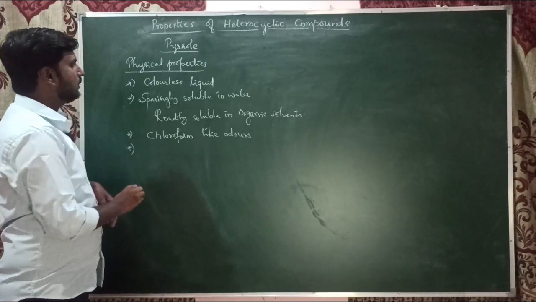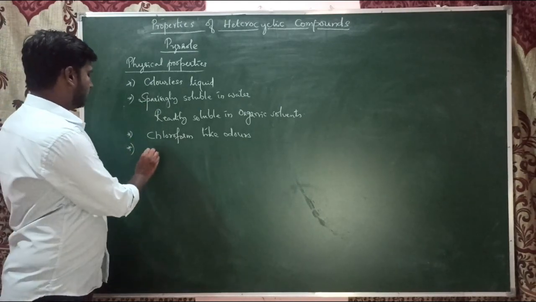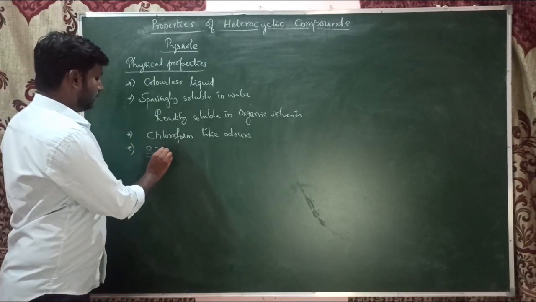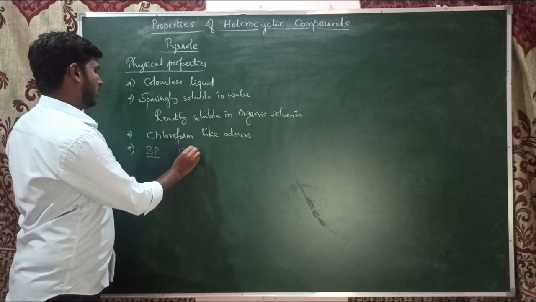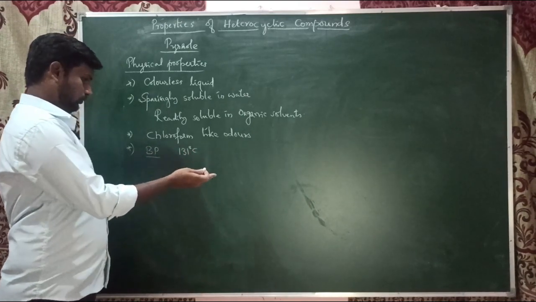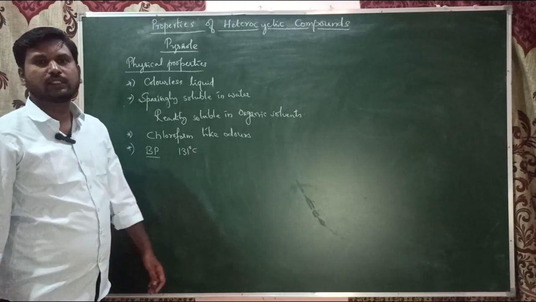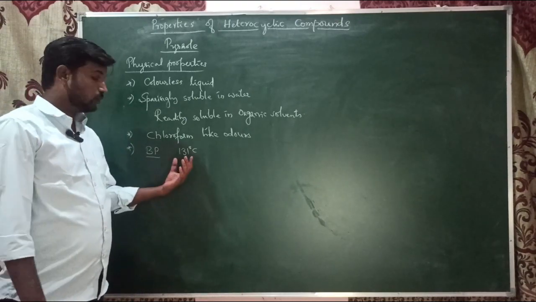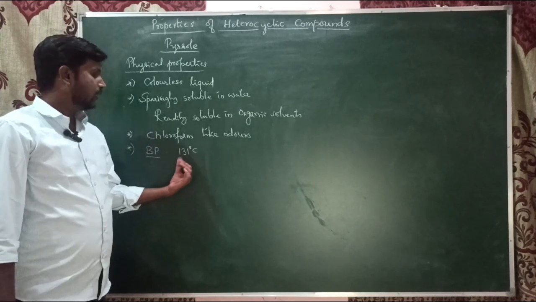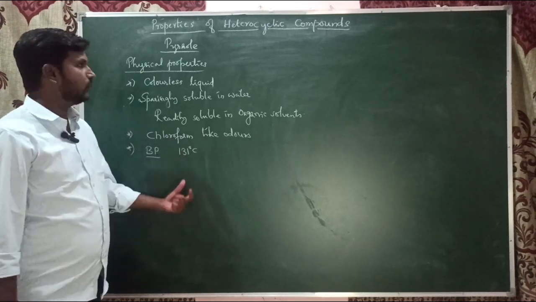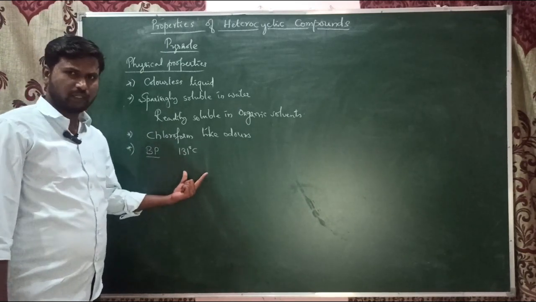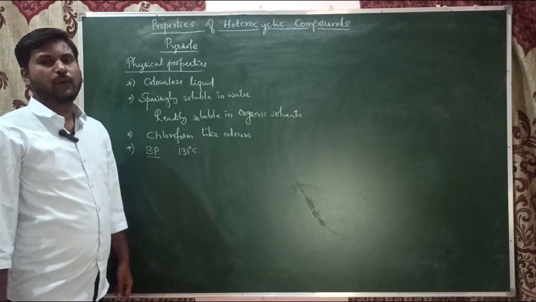And as it is a liquid, if you see its boiling point, it is around 129 to 131, or approximately 130 degree centigrade, which is one of the higher boiling points for this compound. It is not volatile like furan. Furan has a very low boiling point.